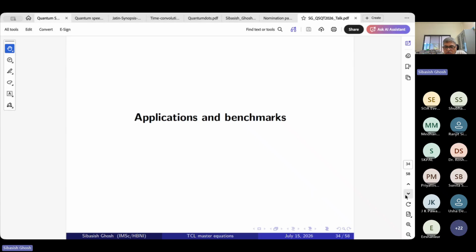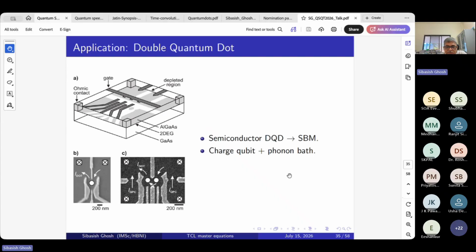Okay, so now about the applications of TCL. You can show that the double quantum dot system, which is a semiconductor double quantum dot, where you have a charge qubit and the phononic bath. This phononic bath acts as your bath and the charge qubit acts as your qubit, and together they form this spin boson model.